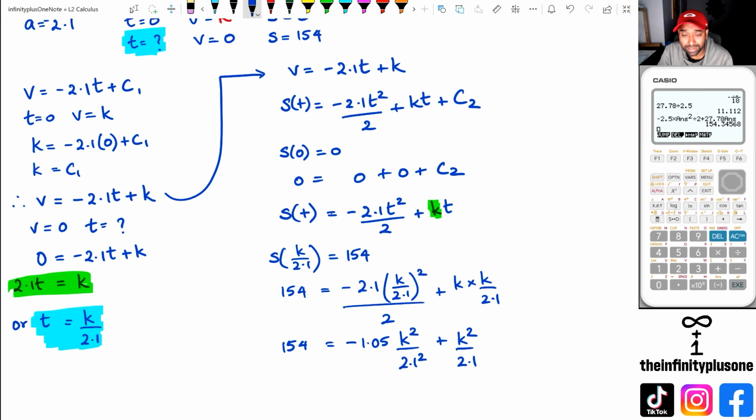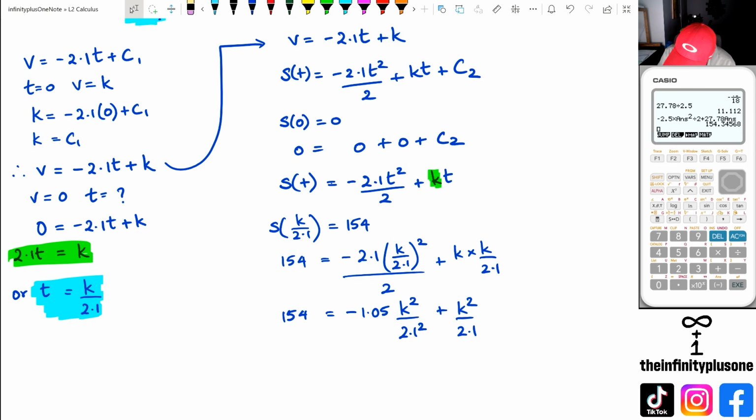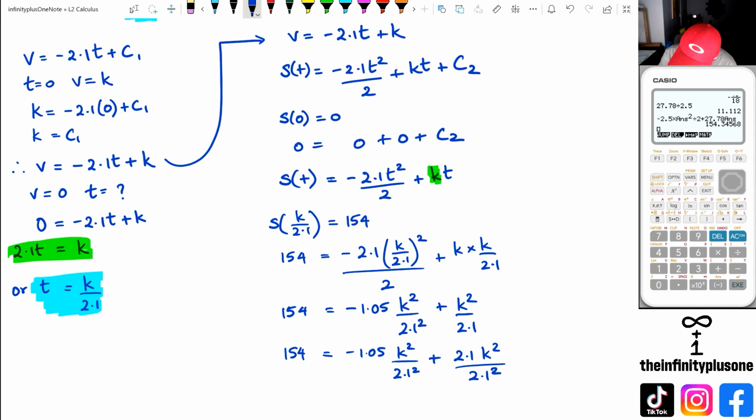And now it's just a matter of carrying it on here. So I've got 154 equals negative 1.05 k squared over 2.1 squared. Now I've got to make the same denominator, so I'm going to put this as 2.1 k squared divided by 2.1 squared because I want to make them into the same denominators.